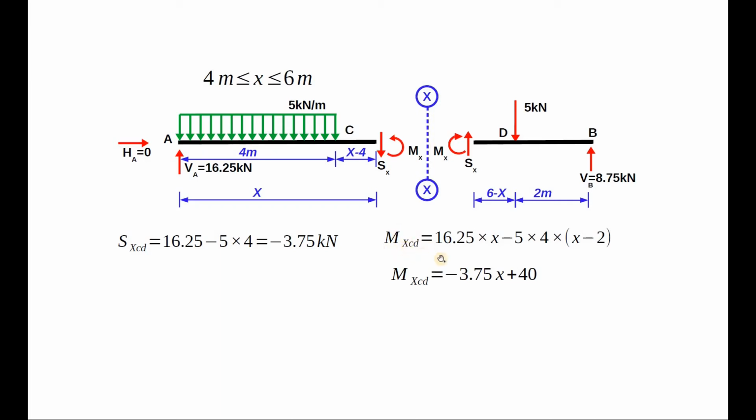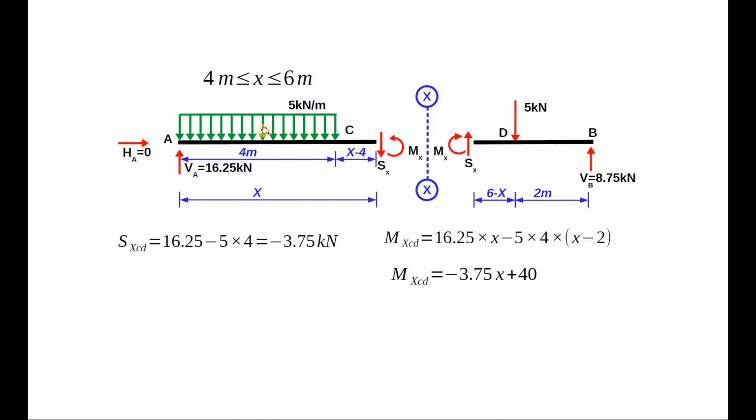Coming to the moment equation, we can see that the moment due to the reaction is 16.25 into x. That for the uniformly distributed load about the point on the beam at the section is 5 into 4 into x minus 2. 5 into 4 is the total distributed load, and the CG of that load is exactly at 2 meters from support A. The distance of the section from support is measured as x.